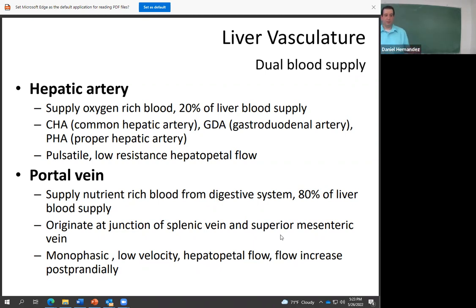That's where the liver does the processing of all the stuff that we ingest. So 80% of the blood flow, the vast majority of blood flow going to the liver, is supplied by that main portal vein.